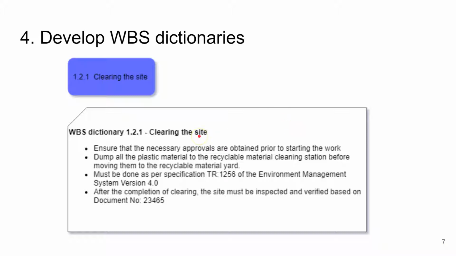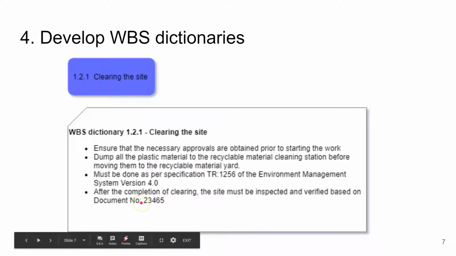So for complex work packages, we always provide a WBS dictionary, which will have a small narration of the work, the standards to be followed, the predecessor and successor activities, and any quality standards to be adhered to. So all these things form part of the WBS dictionary.